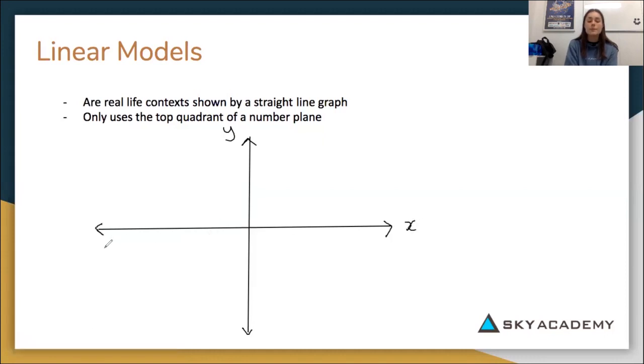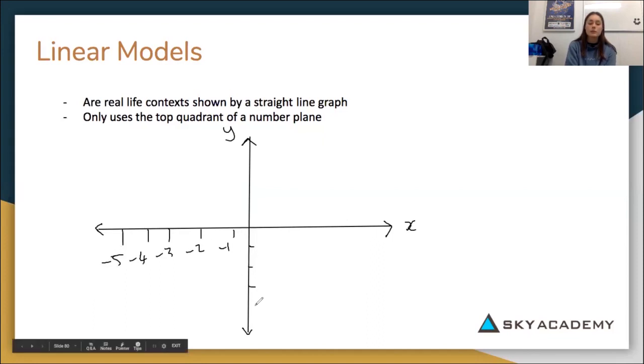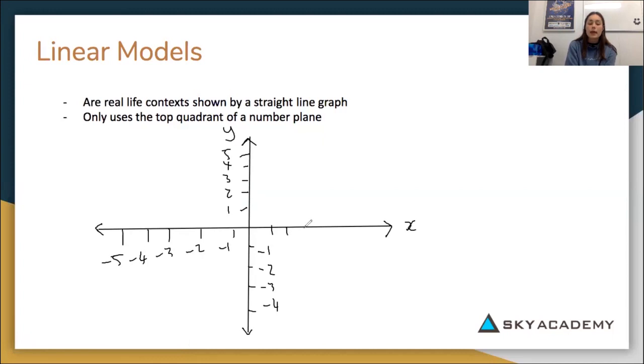Along this part of the number plane, this little line here, we have negative values. Along this part here, the bottom part of the y, we also have negative values. In the top part of the y-axis, we have positive values, and in the top part of the x-axis, we have positive values.